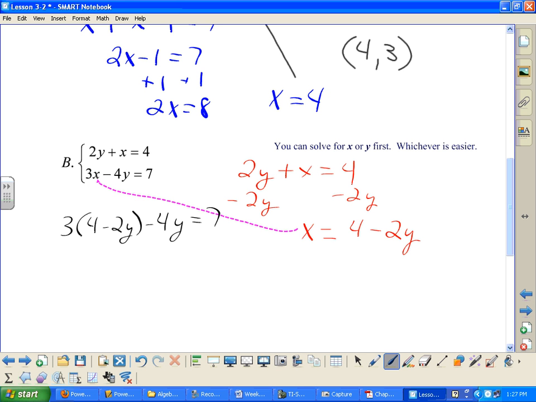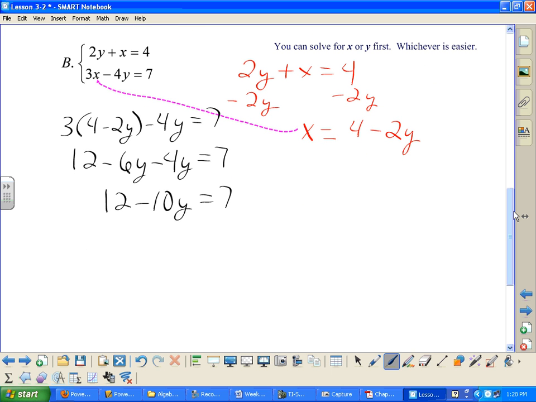And we're going to solve that equation. So y equals 1/2.